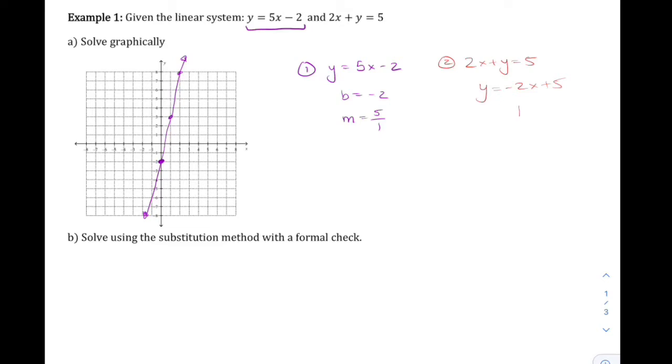I have a b value of 5, so that means I'm going to be starting on the y-axis at 5. Put a dot there. And we have an m value of negative 2, or negative 2 over 1. That's my slope. So that means I'm going to go down 2 and 1 to the right. Oops, down 2, 1 to the right. And continue that pattern all along. And we end up with our next line.